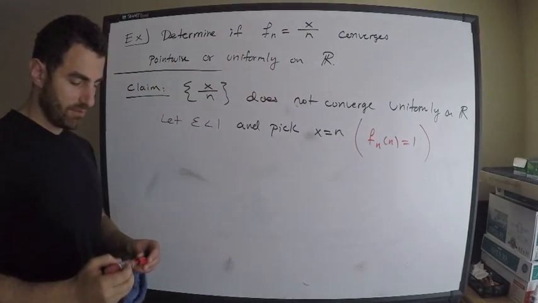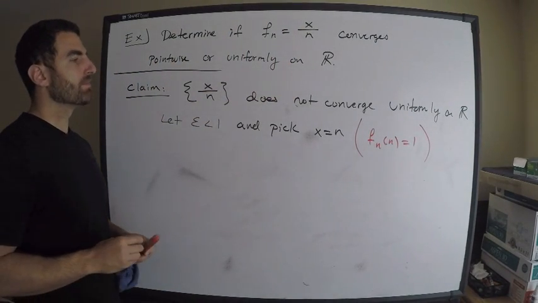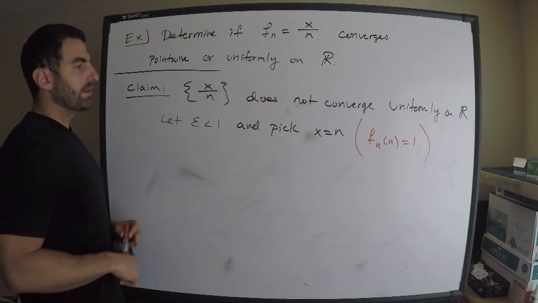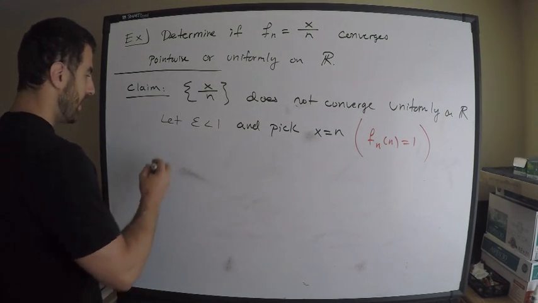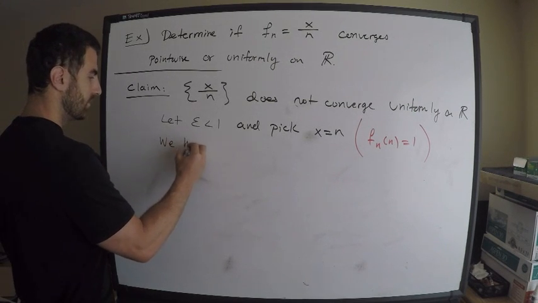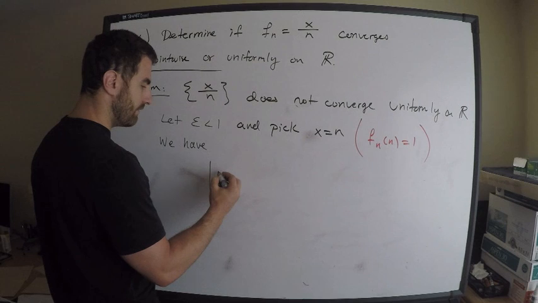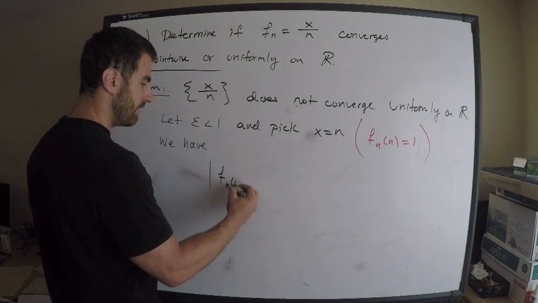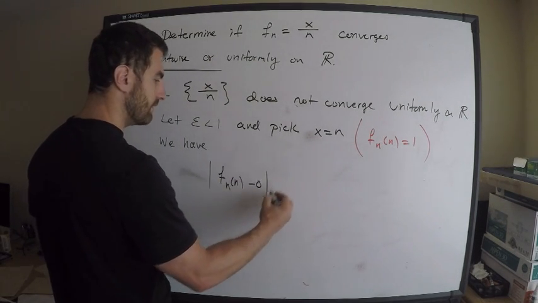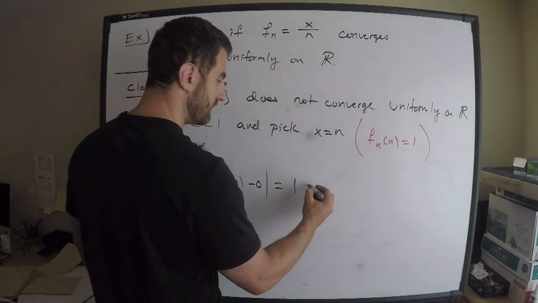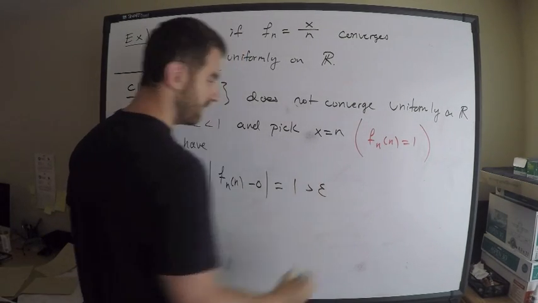If I choose x to be little n, then it equals 1. We have that the absolute value of Fn of n minus 0 is equal to 1, which is greater than epsilon.